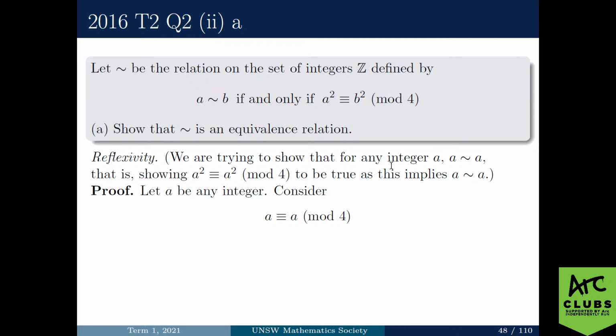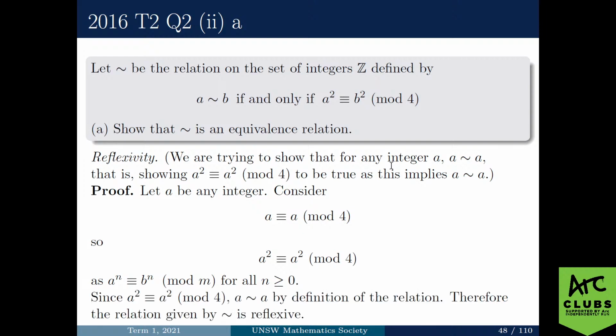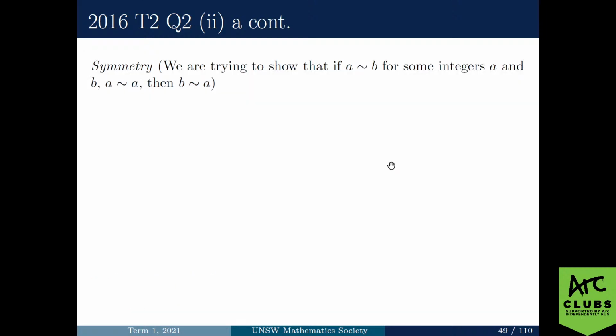And we use a property of modular arithmetic, which says we can take the power of both sides and it remains the same. So in this case, we take the second power, and we say that a squared is equivalent to a squared in modulo 4. And so this is just a nice proof to show that this relation is in fact reflexive, right?